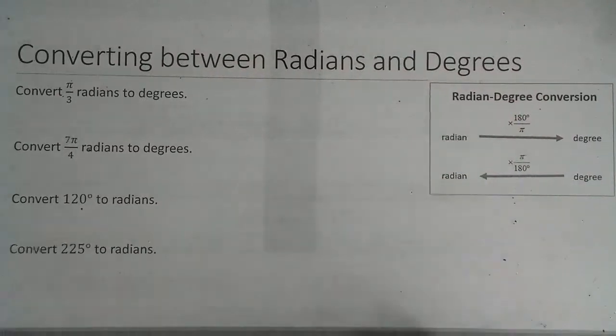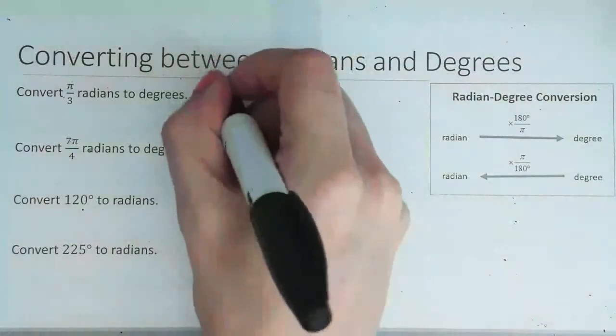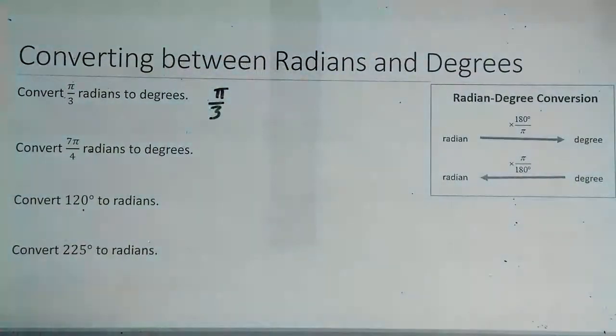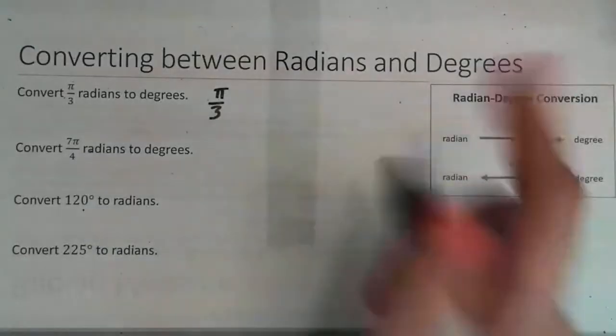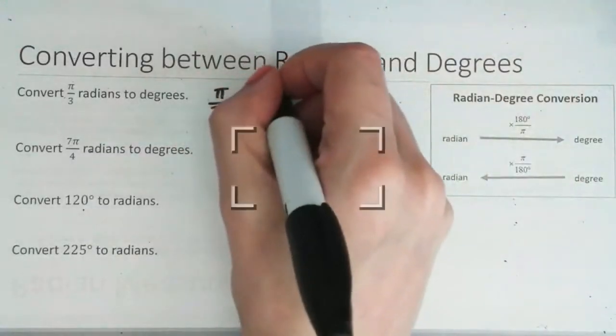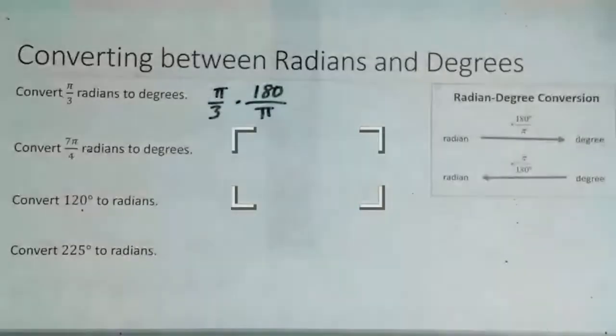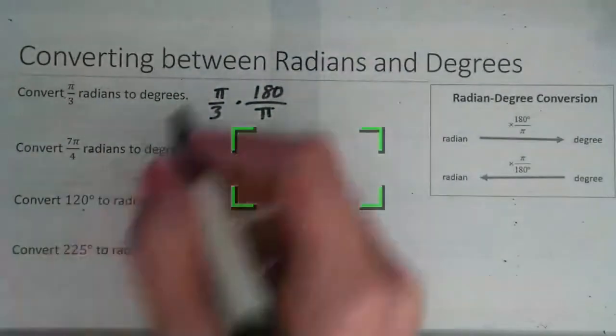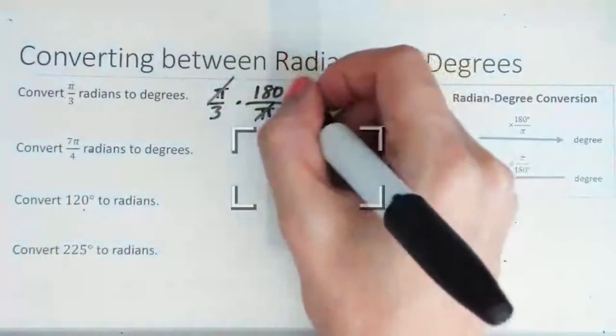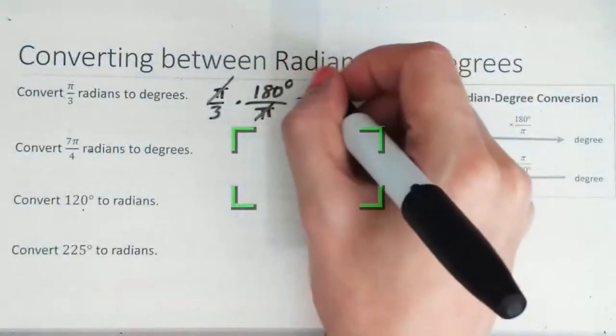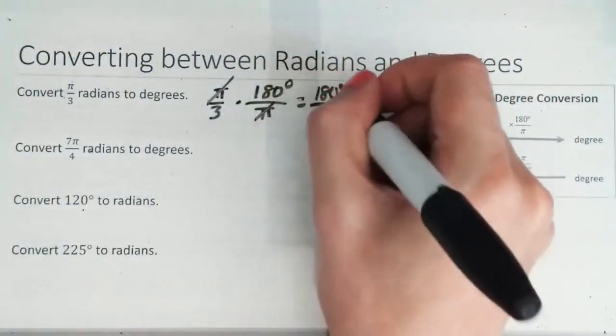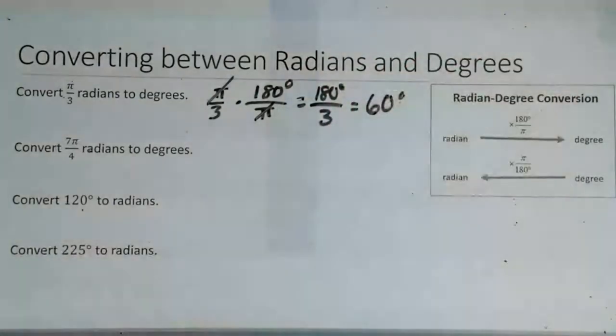So starting with pi over 3 radians, to go from radians to degrees, we multiply by 180 over pi. Well, pi over pi, those cancel out, and I'm left with 180, and that's in degrees. 180 degrees divided by 3 is 60 degrees. So pi over 3 radians is 60 degrees.